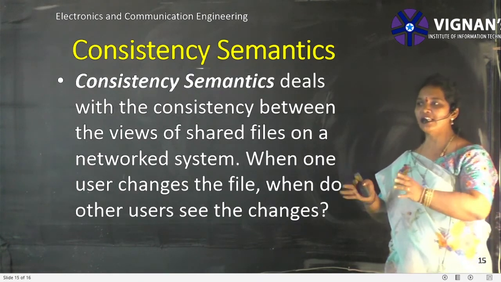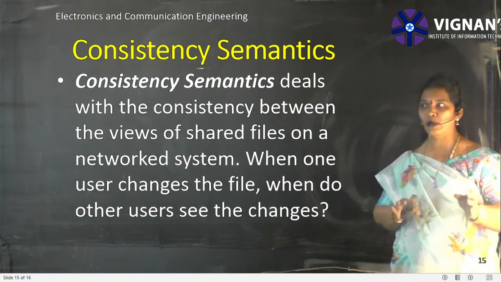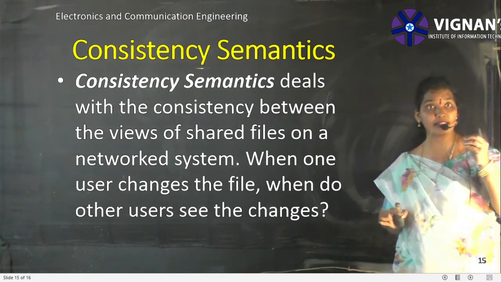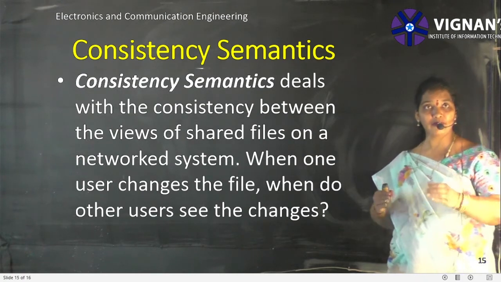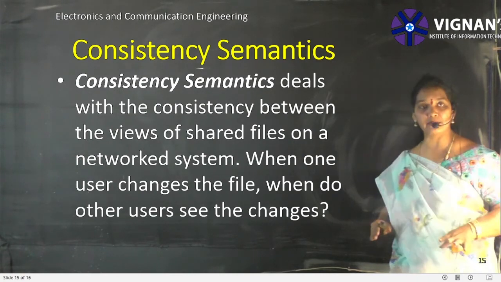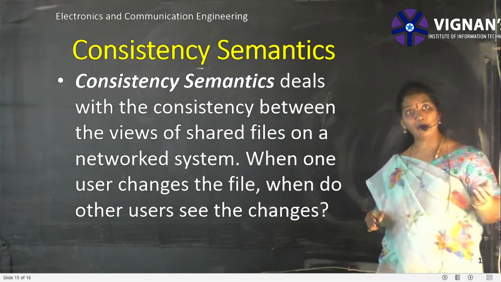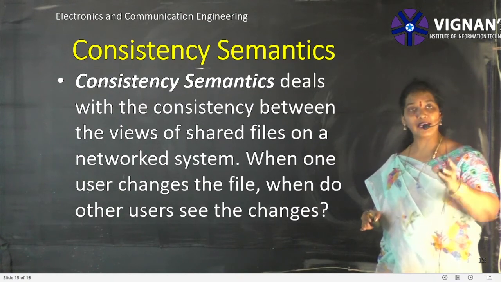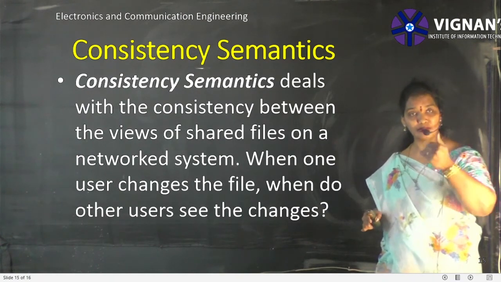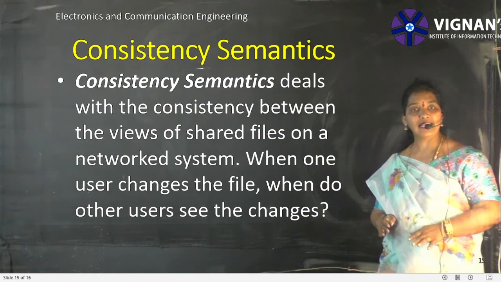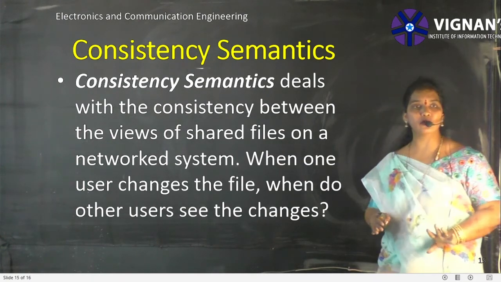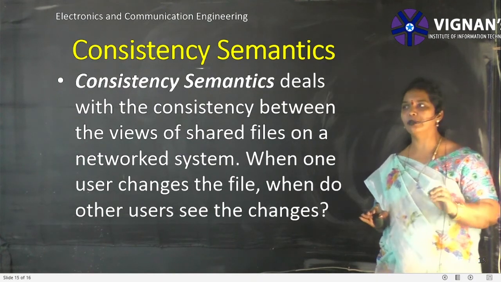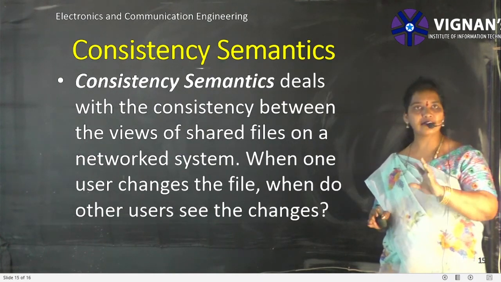When one user changes a file, when do other users see the changes? If the file has been given full write permission, then a number of users can change the file. So when a user changes the file, when will the other users know that the changes have happened? This all comes under consistency semantics.